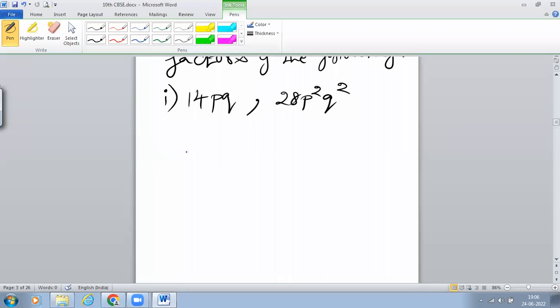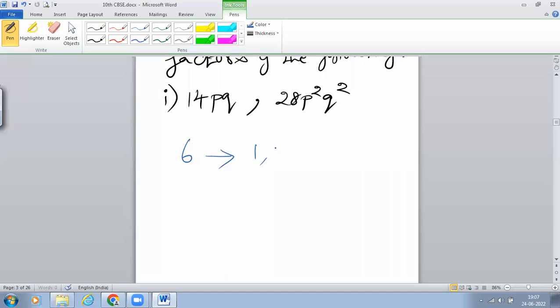Now, I'm writing the number 6. So what are all the factors of 6? Factors of a number mean the numbers which exactly divide the given number. Here the given number is 6. The numbers which exactly divide this given number are called the factors of the given number.